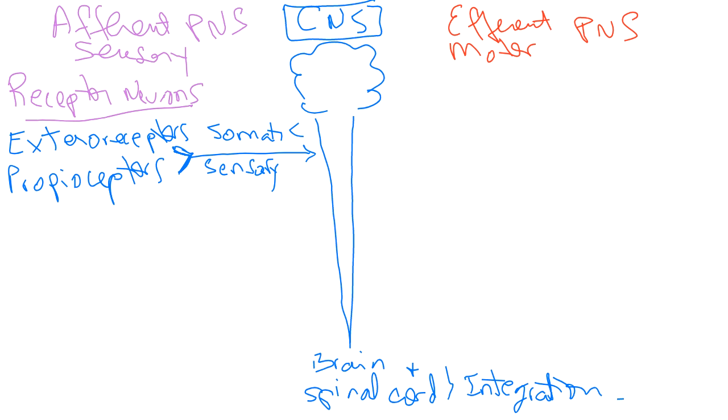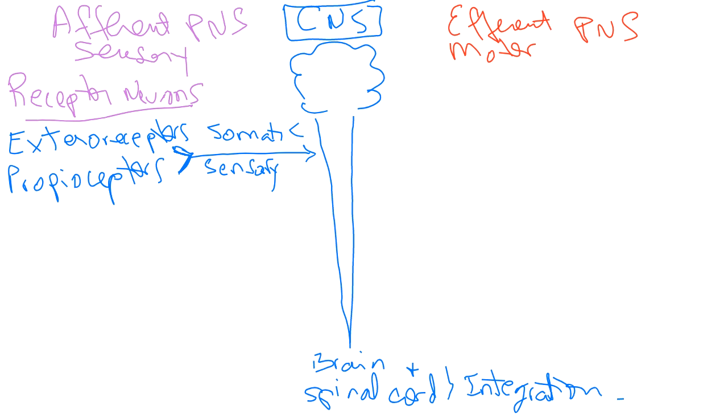So a nerve that carries visual information to the brain is a somatosensory nerve. It has a somatosensory function. It's part of the afferent PNS division.